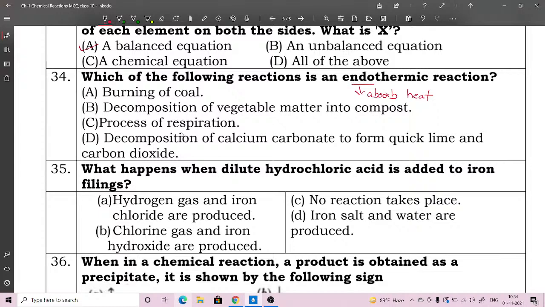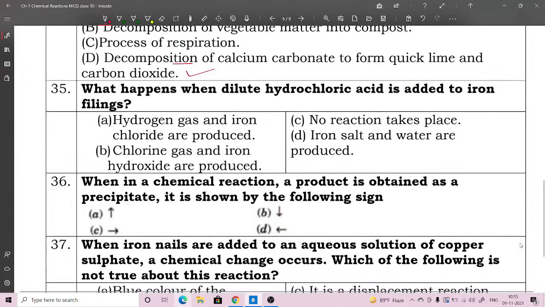Burning of coal, heat is given out. Decomposition of vegetable matter, again heat is given out, exothermic. Process of respiration, heat is given out, exothermic. In decomposition of calcium carbonate, heat is absorbed. So this one is an endothermic reaction.